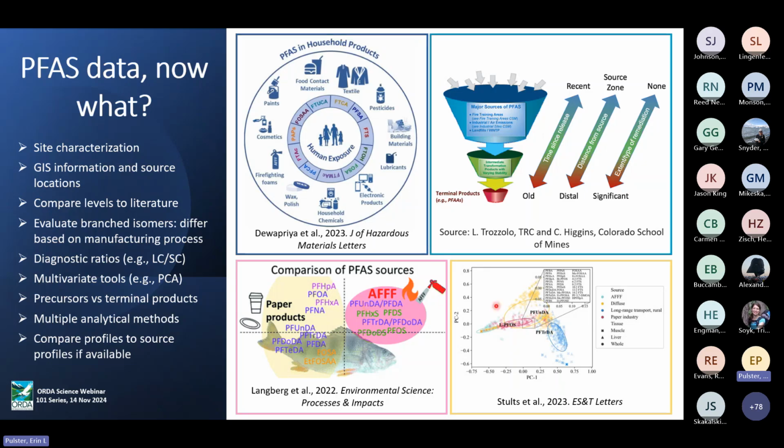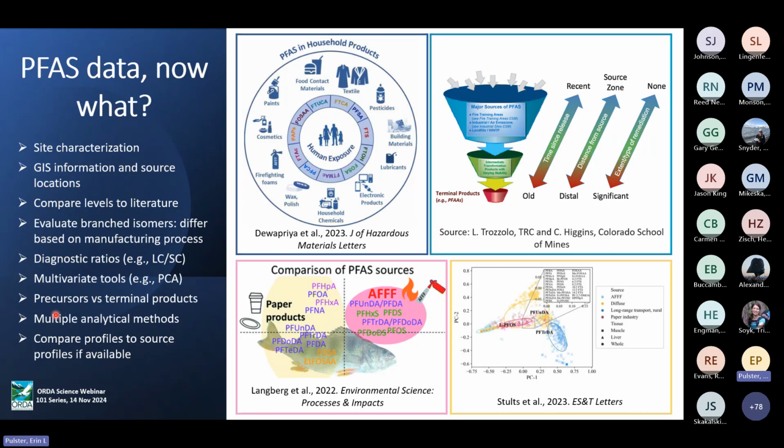There are also some demonstrated diagnostic ratios, similar to other organic compounds, that might use, say, the long chain versus the short chain compounds. Most of the fingerprinting research still has a lot of uncertainty around it, just because we're still identifying more and more PFAS in the environment through those additional analytical tools.